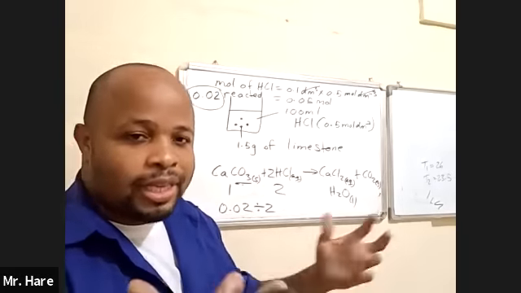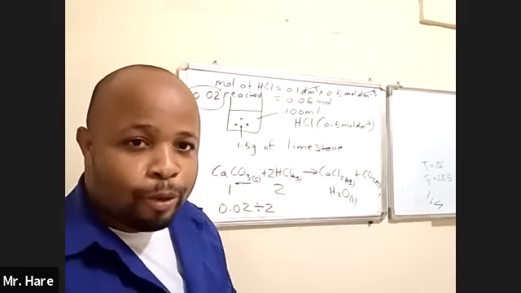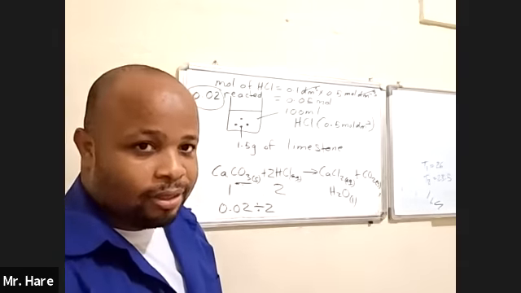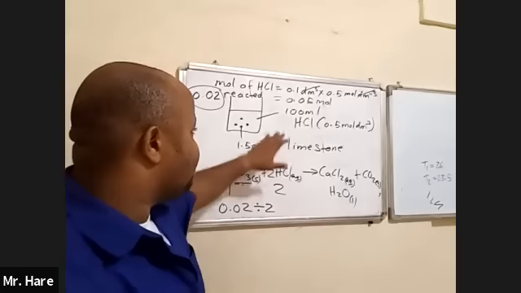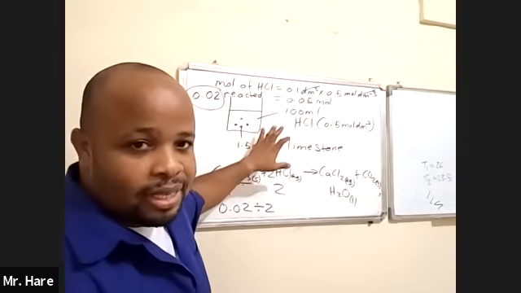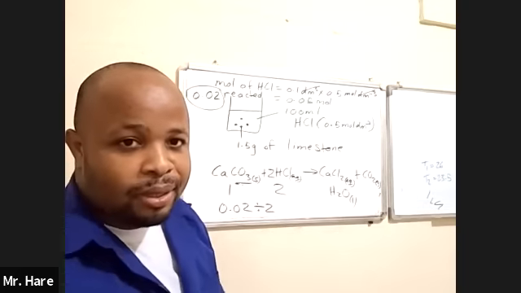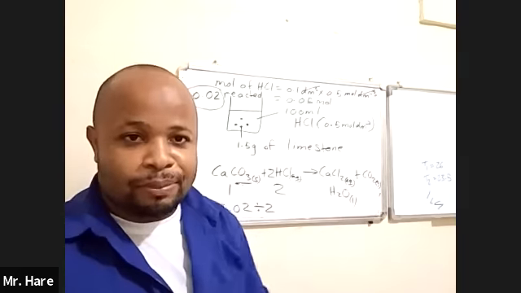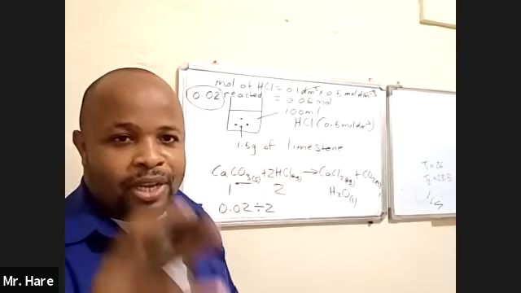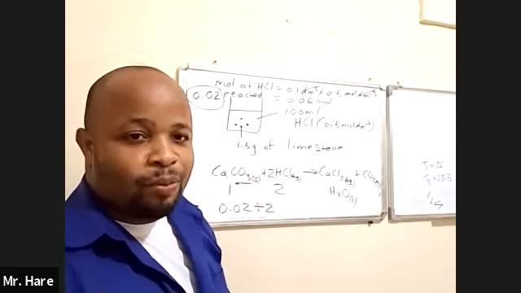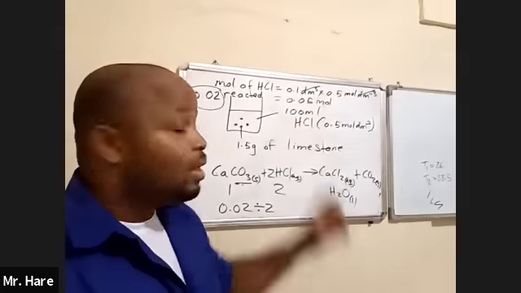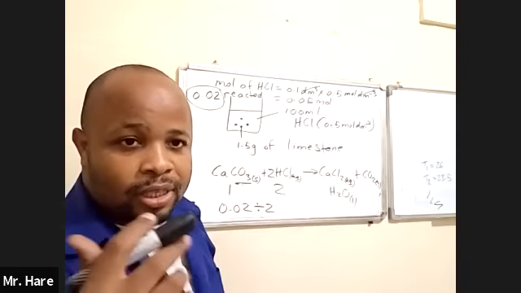Because we add it in excess, we don't actually know how much reacts. So what we do after the reaction is completed, any HCl that is unreacted, we do a titration. And remember, in a titration, we can find out the moles of the unknown substance, right?